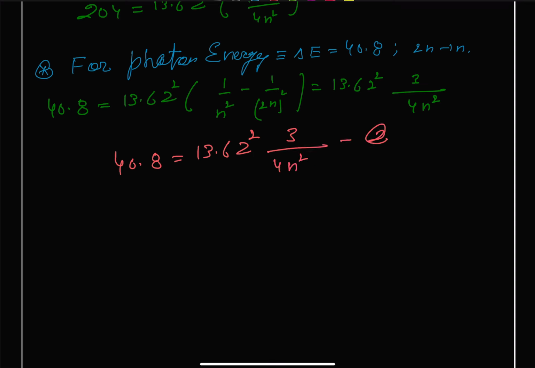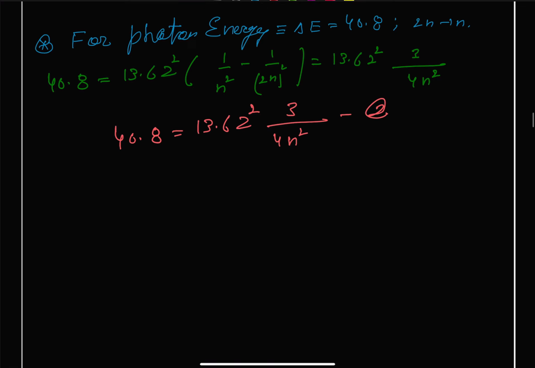So we have two equations and two unknowns, so we can just solve it. From equation 1 and 2, we can easily find out the value of Z as well as n.